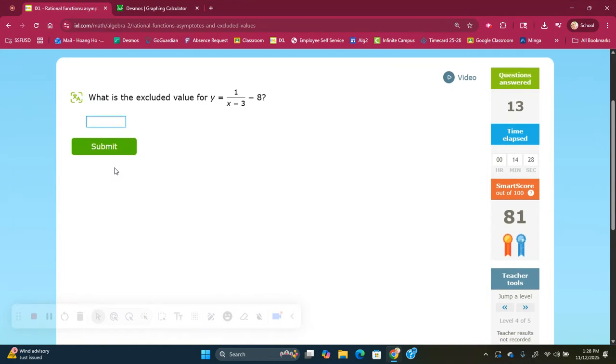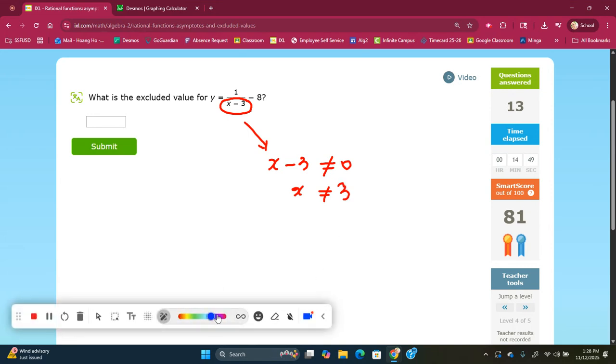Ooh, this time they ask for the excluded value. For the excluded value, you go to the denominator. This denominator cannot be equal to 0. So I got x subtract 3 cannot be equal to 0. How do you solve this? It's just like solving your equation, right?